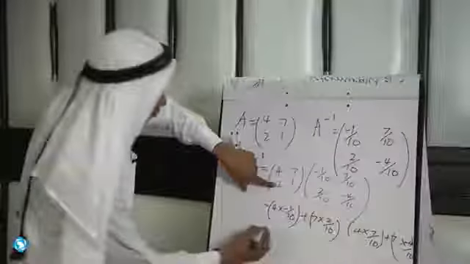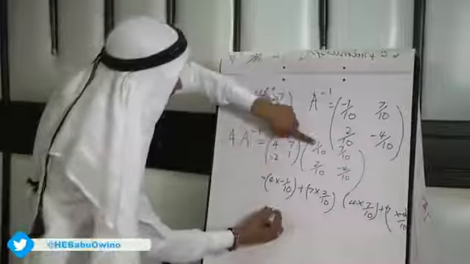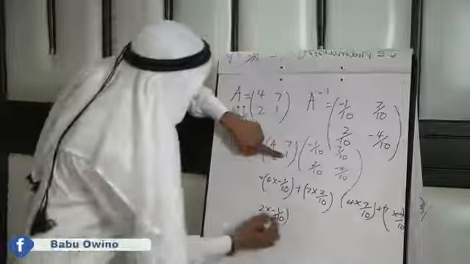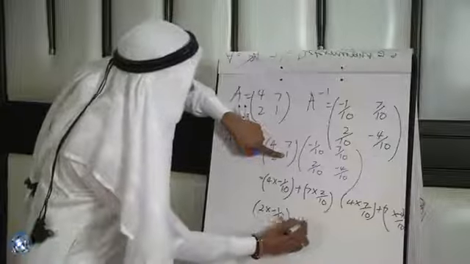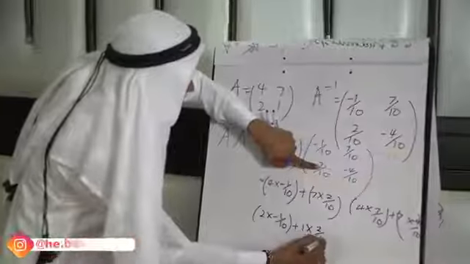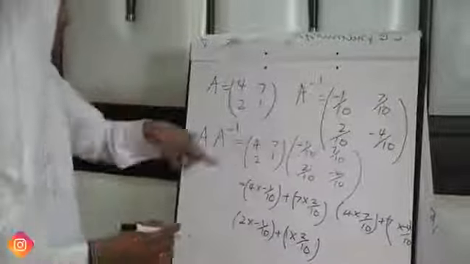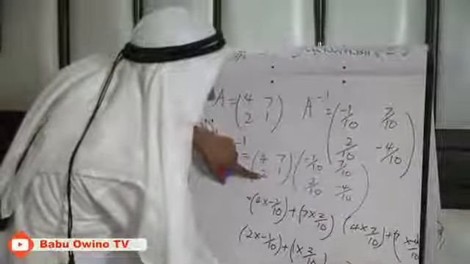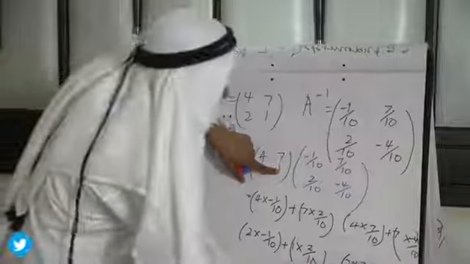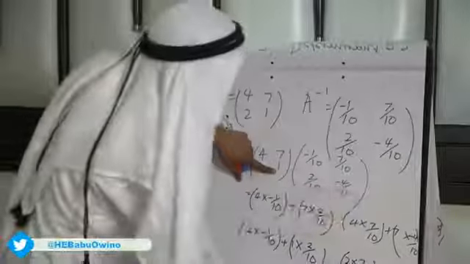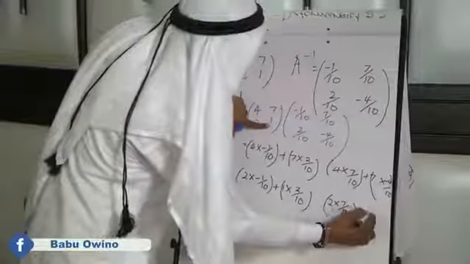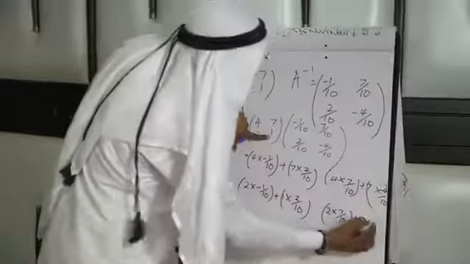Next one is 2 times minus 1 over 10. You be very careful. Then plus 1 times 2 over 10. The last one, 2 times 7 over 10 plus 1 times minus 4 over 10.